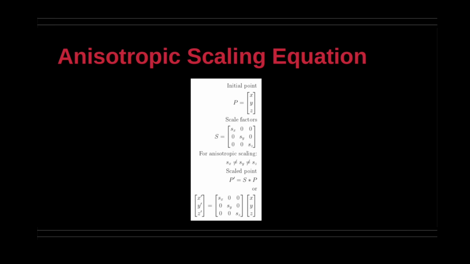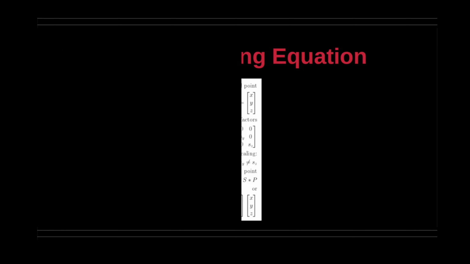The scaling matrix is always diagonal for an anisotropic scaling. The diagonal elements represent the scaling factor for each axis. Matrix multiplication is used to apply the scaling transformation to points or vectors. By multiplying the scaling matrix with a point's coordinate vector, the point is scaled differently along each axis.